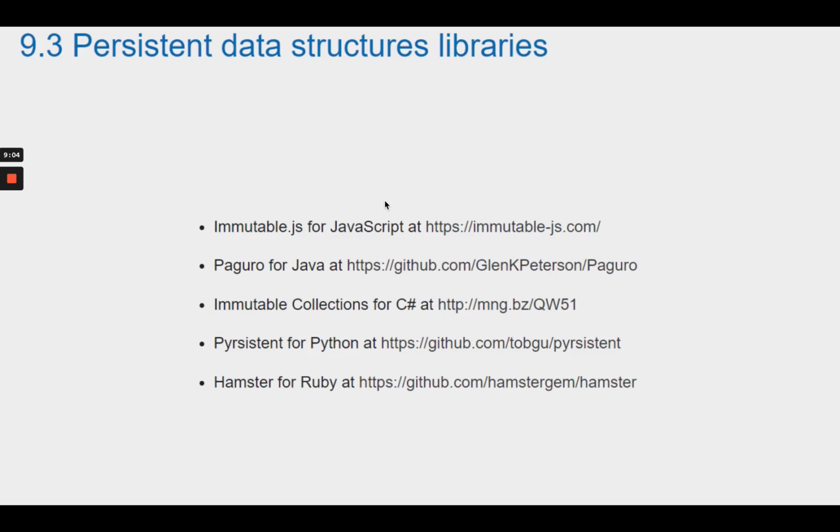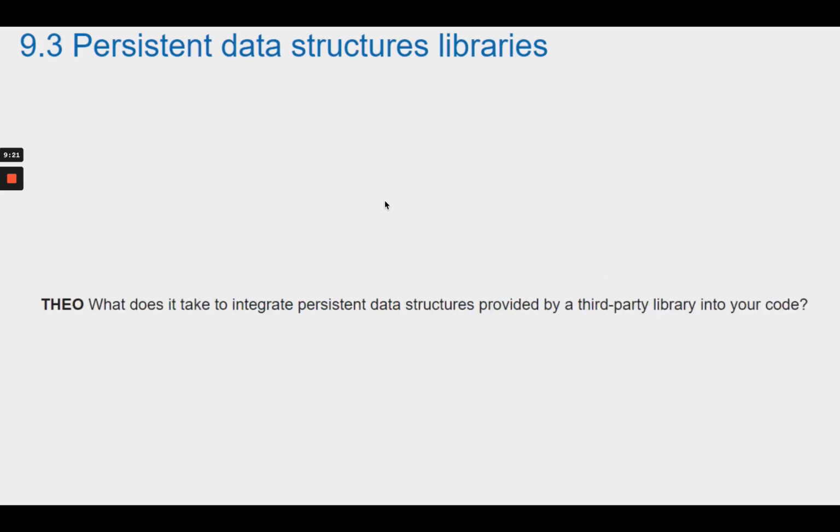Pyrsistent for Python at github.com/tobgu/pyrsistent. Hamster for Ruby at github.com/hamstergem/hamster. Theo: What does it take to integrate persistent data structures provided by a third-party library into your code?